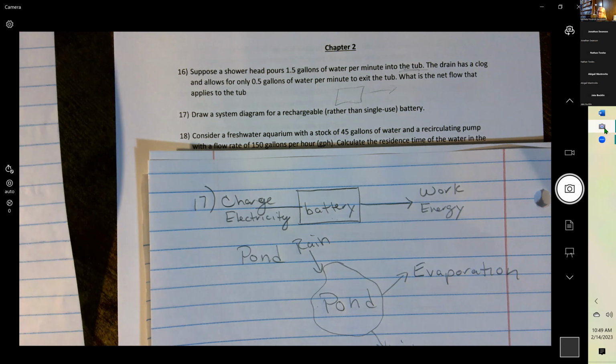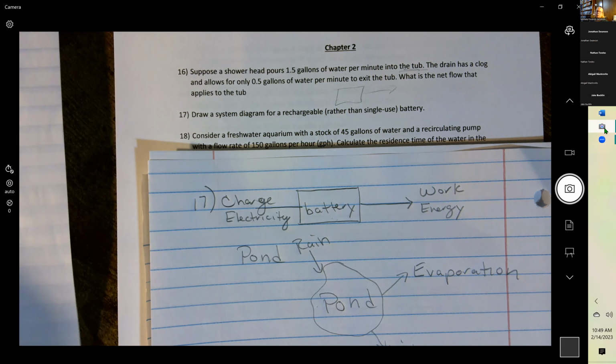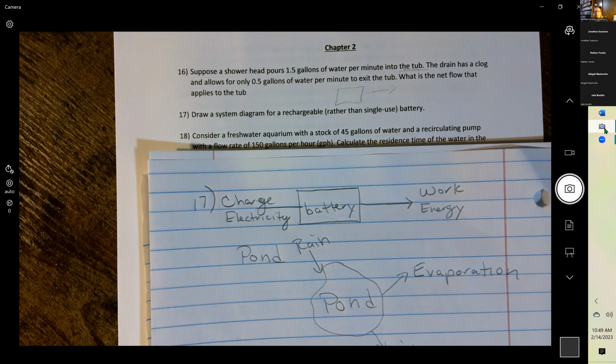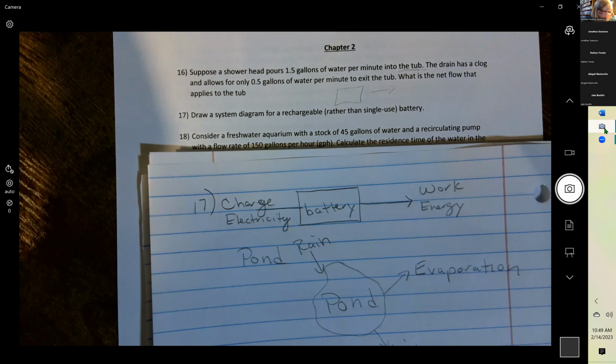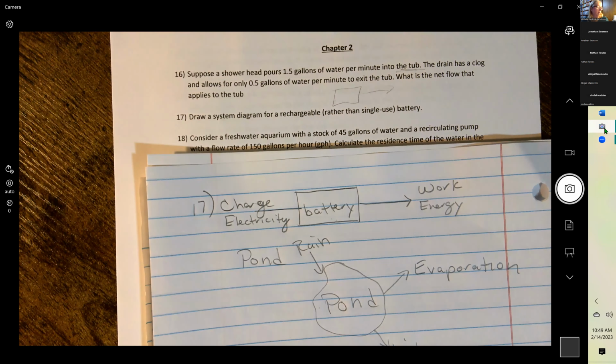Number 18's kind of long. We'll start that tomorrow. But are there any questions? Okay, if you do not have any questions, I will see you tomorrow. We'll do the rest of the problems and I will take any other questions.